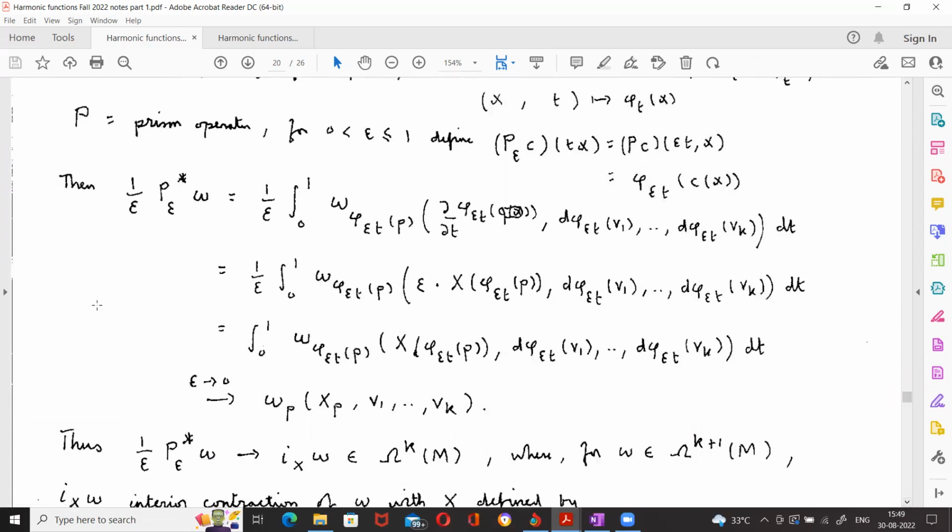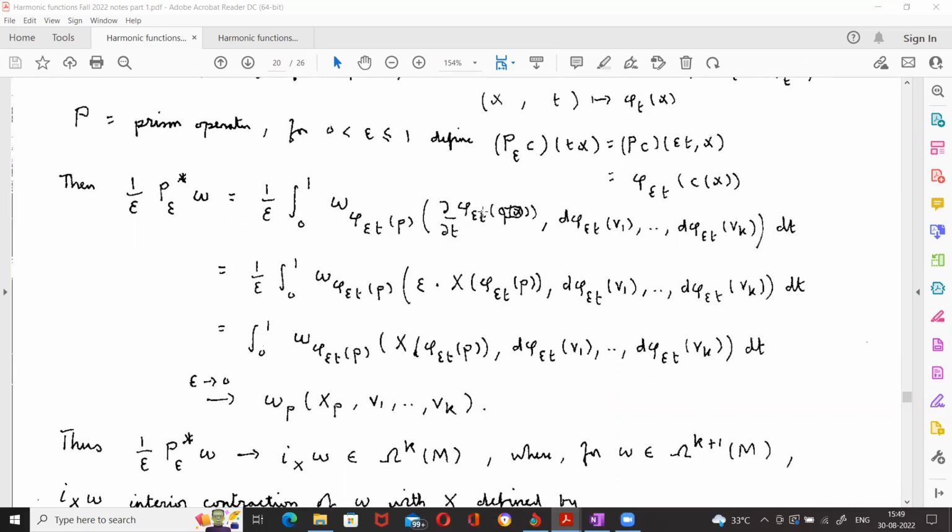Fine. So now I divide the whole thing by epsilon. So I take 1 over epsilon P epsilon star omega. Now, what is del del t of phi epsilon t? Well, del del t of phi t is x. It's just the derivative of the flow gives you back the vector field.